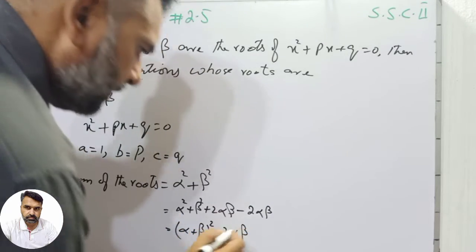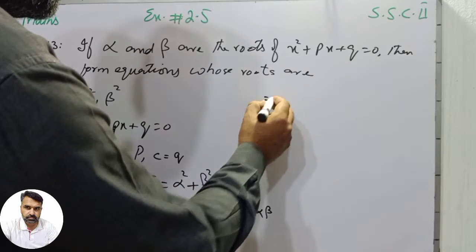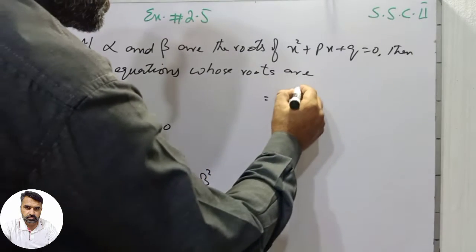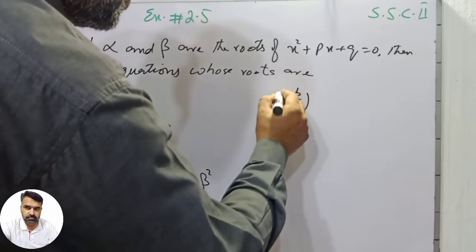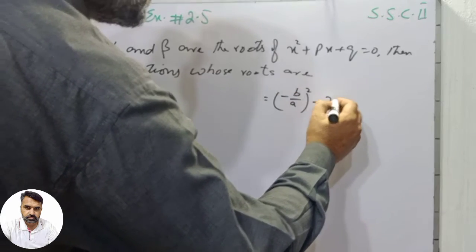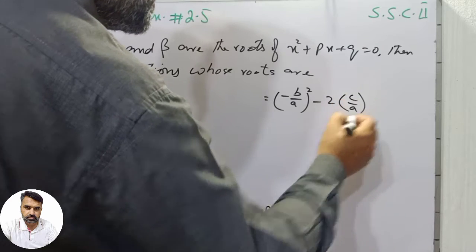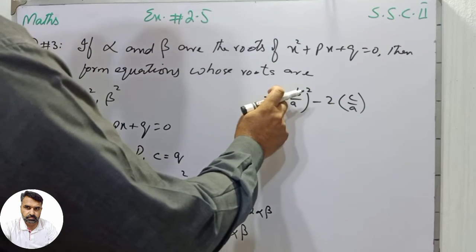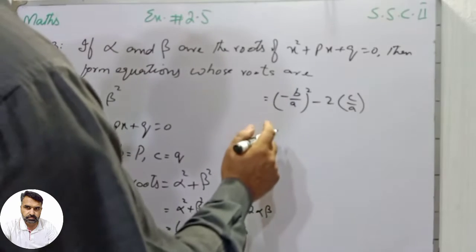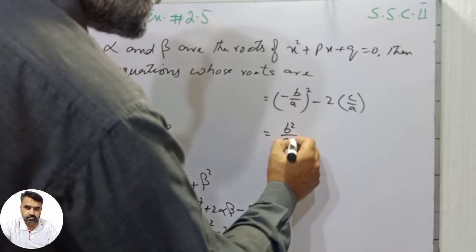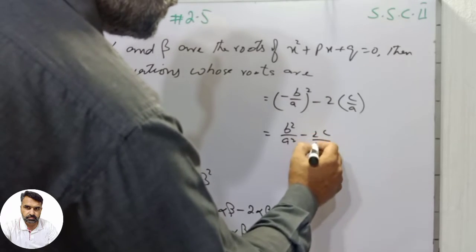And now students, we will use the values of alpha plus beta, that is minus b over a whole square minus 2, and in alpha beta we will write c over a. And students, when we take the square of minus, it will become plus, and it is b square over a square minus 2c over a.